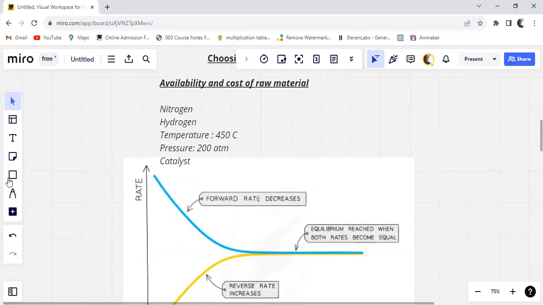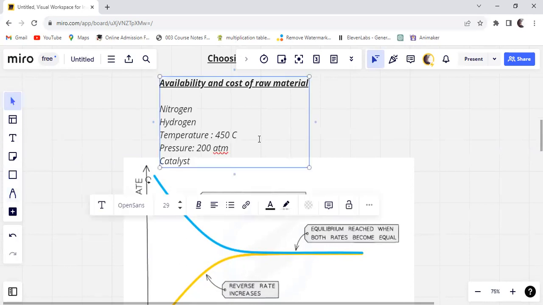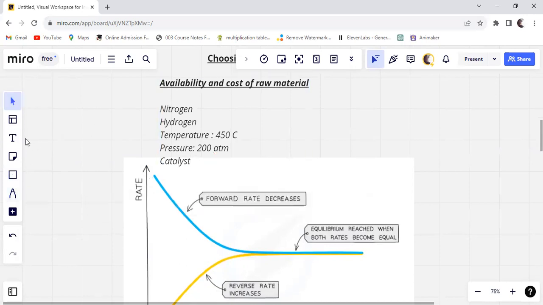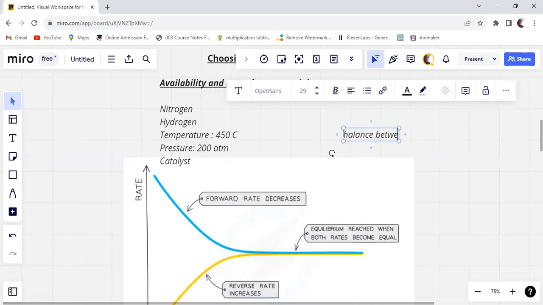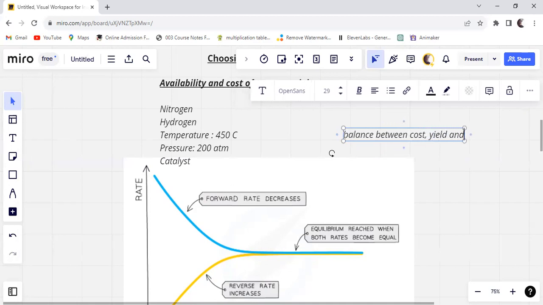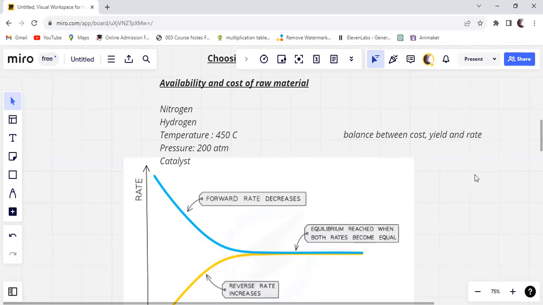That is why these compromise conditions are made, because they create a balance between the production cost, the yield of ammonia, as well as the rate of reaction.